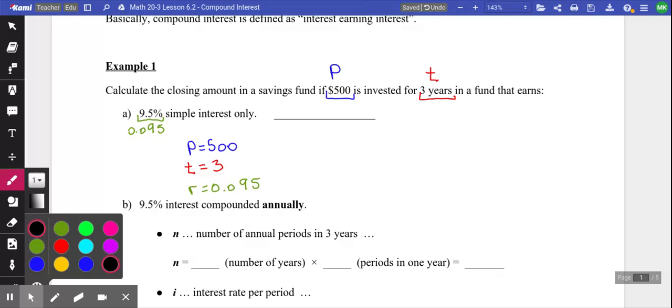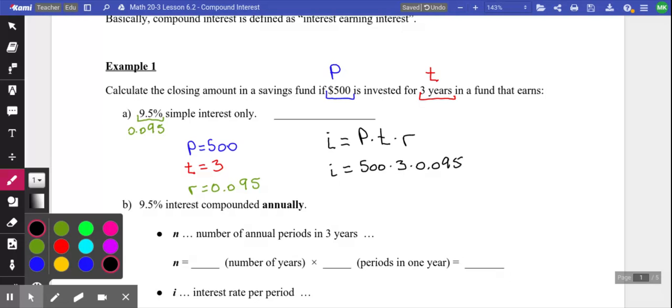To calculate how much interest you owe, we did interest equals P times T times R. So if you put this in your calculator, it's 500 times the 3 years times the rate of 0.095. That will tell you how much interest you owe.